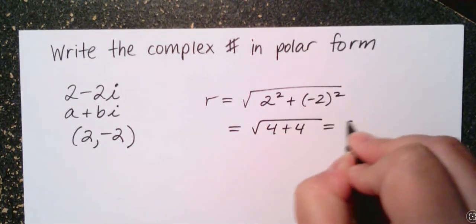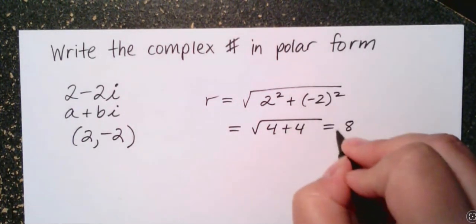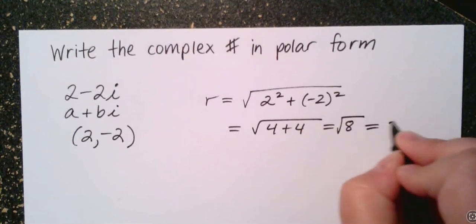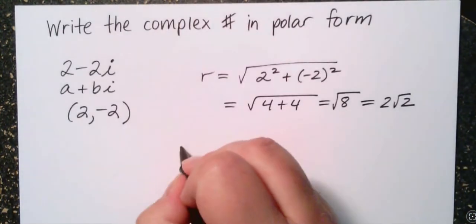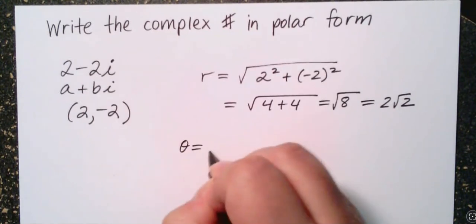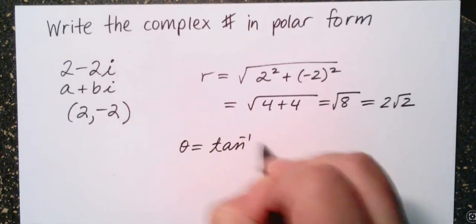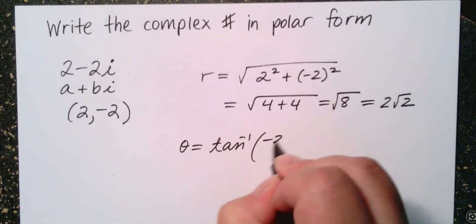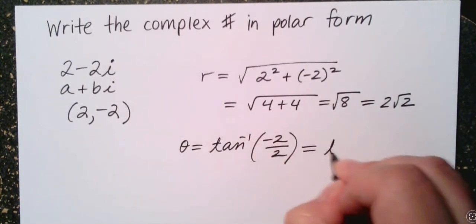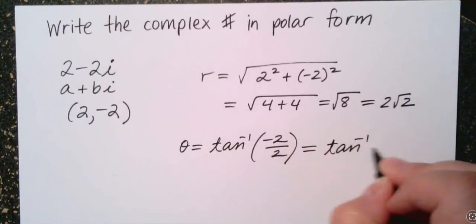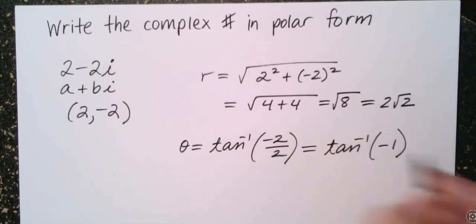Whoops, still in the radical, which is 2 root 2. So that's what r is. And then my theta is the inverse tan of negative 2 over 2. Okay, so that's the same thing as saying the inverse tan of negative 1.